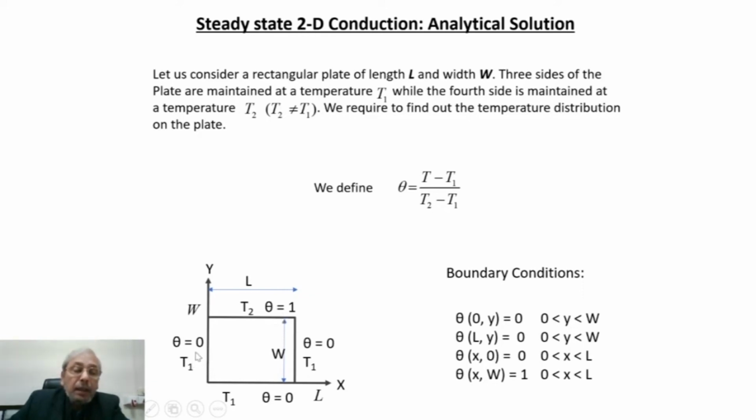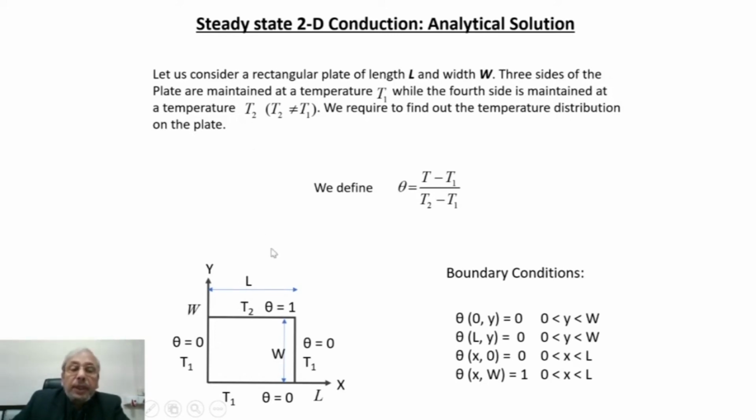Temperature on three sides, left side, bottom side and right side, is T1, and on the top side the temperature is T2, and T1 is different from T2.